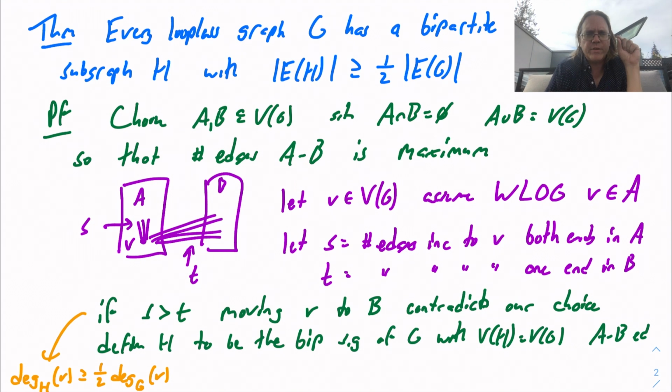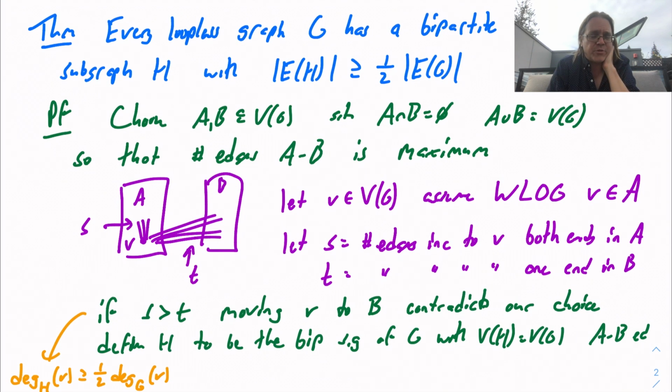So for every vertex V, when you look at its degree in H, that means the number of edges that go from A to B that are incident with it, that is always greater than or equal to the number of edges within its same set, within its same block that are incident with it. So what that means is that the degree of that vertex V in the subgraph H is at least half of the degree of V in the original graph, right? And that's the equation that I've just written here.